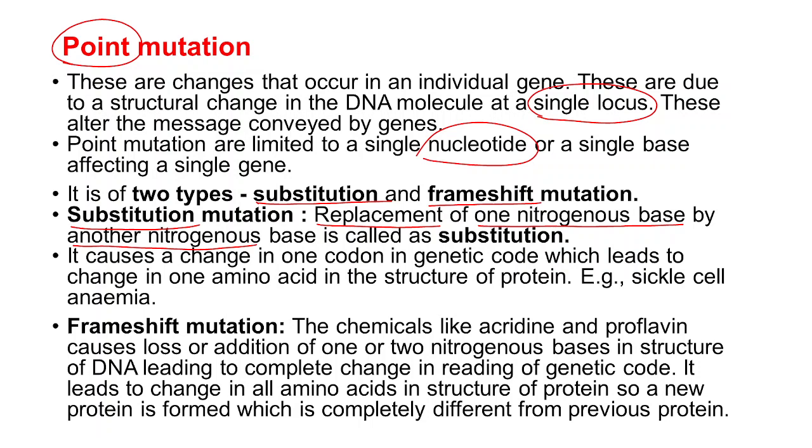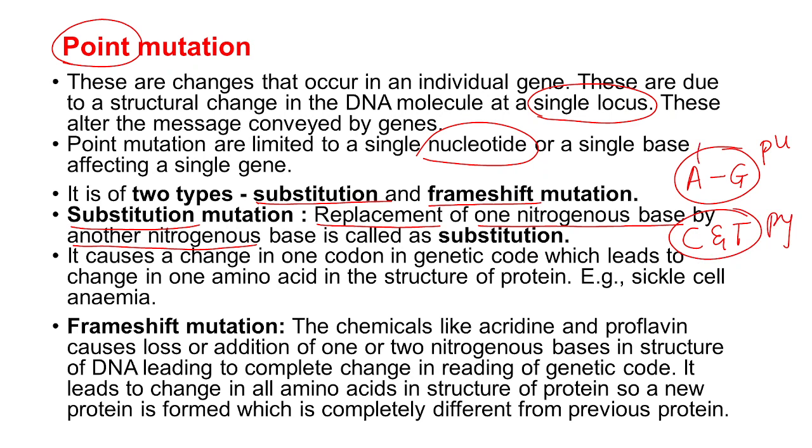In this there are two types, which are not mentioned here. Adenine and guanine are purines, and cytosine and thymine are pyrimidines. What may happen in the substitution?